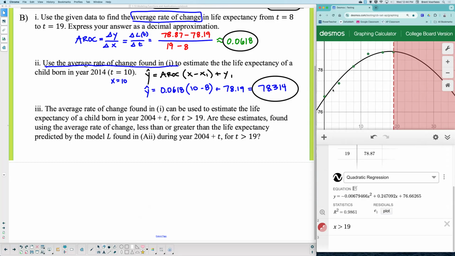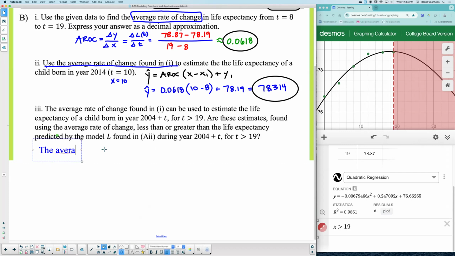Let's see if you remember your rules. If this estimate is concave down, what does it mean about the AROC when X is greater than 19? Are the AROCs increasing or are they decreasing if you're concave down? Decreasing. So here, are the estimates found using the average rate of change less than or greater than?